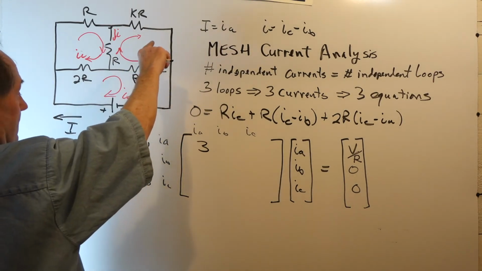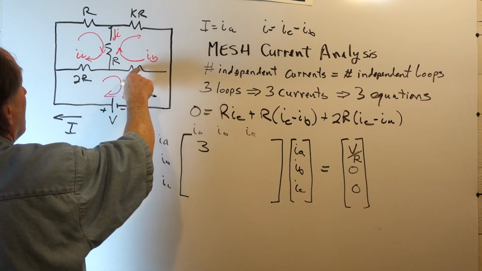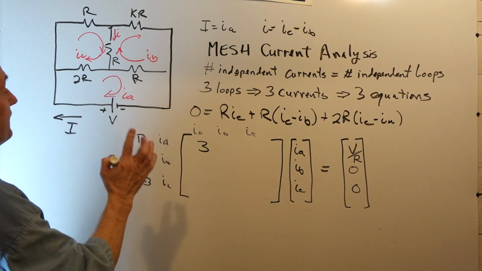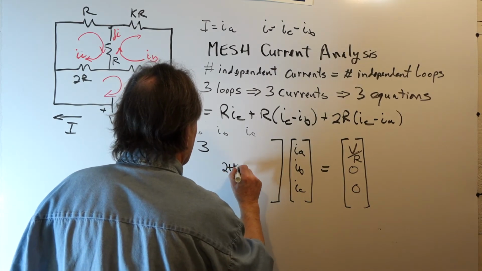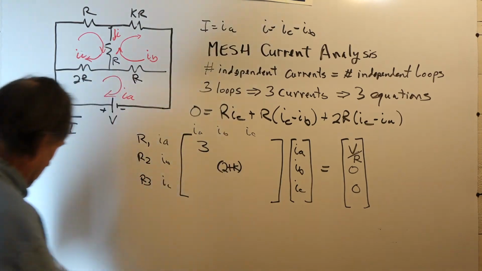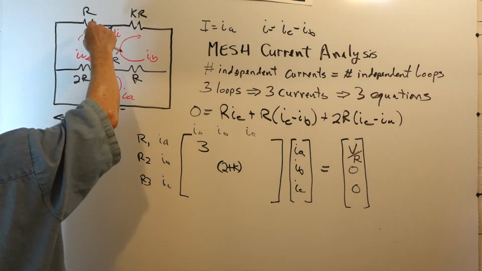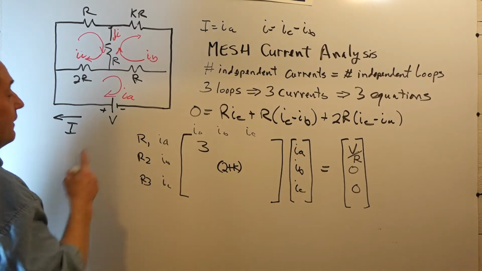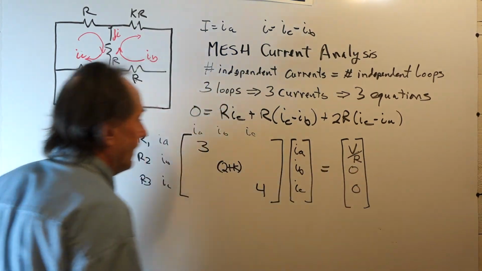Now, in row 2, which is the IB loop, IB goes through R plus 2R plus KR, so its coefficient will be 2 plus K. We're going along the diagonals. This is IB with itself. Now, IC with itself, we're going in the IC loop, so it touches R plus 2R, or 4R, so the coefficient is 4. Remember, I divided through by R.